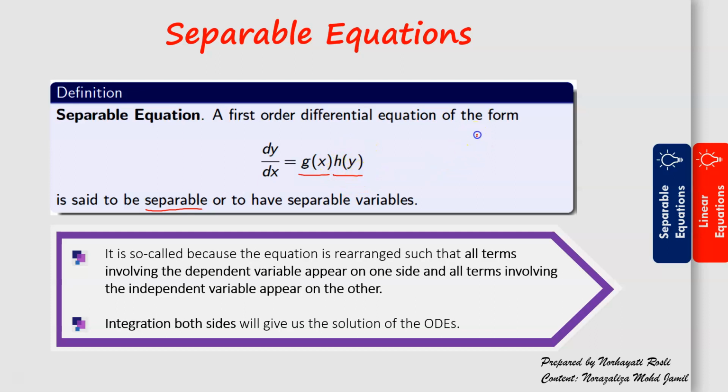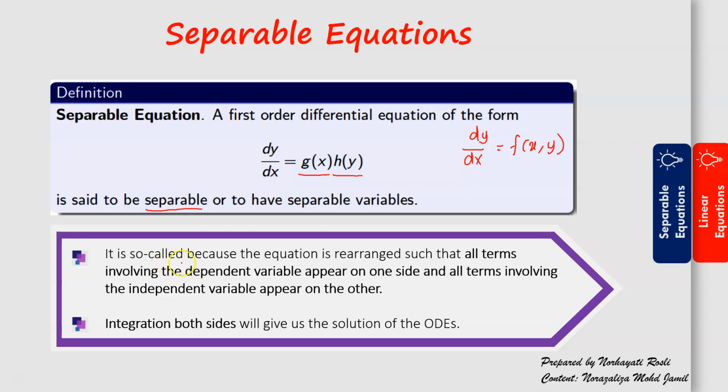Originally we have dy/dx equal to a function of x and y, and if this function of x and y you can factorize to get g(x) multiplied with h(y), we say that the differential equation is separable.